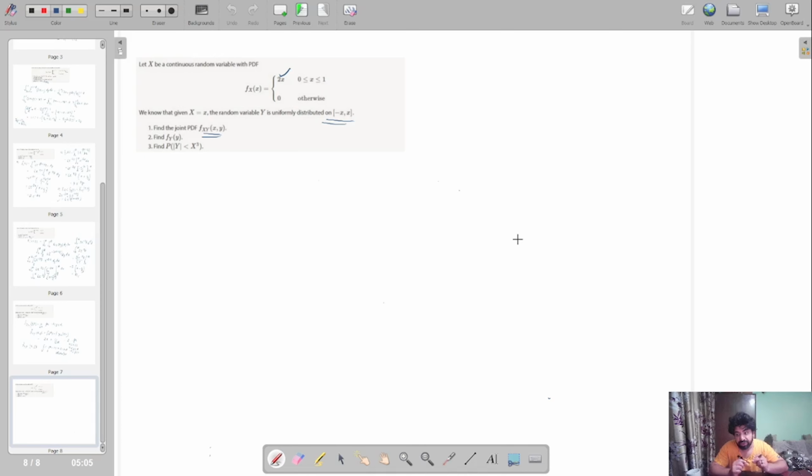So I will write the marginal PDF of Y as f_Y(y), equal to the integral, and this is because the value of x must satisfy x greater than or equal to modulus of y, since the range is minus x to x for y.